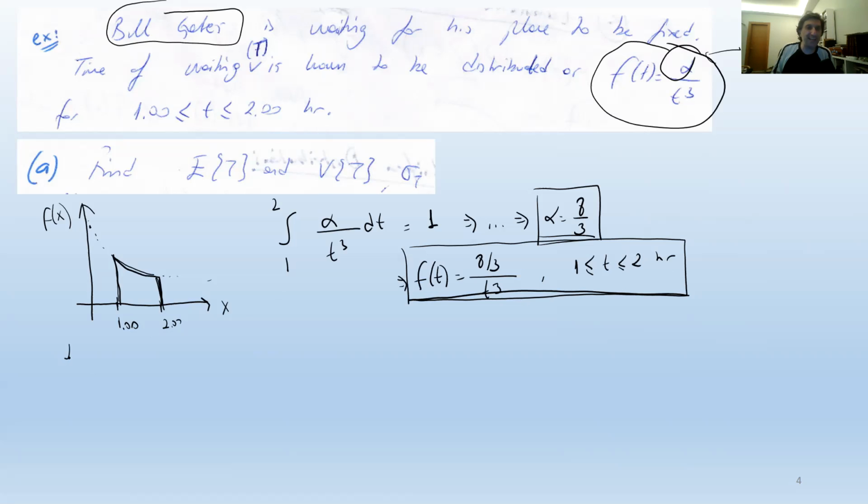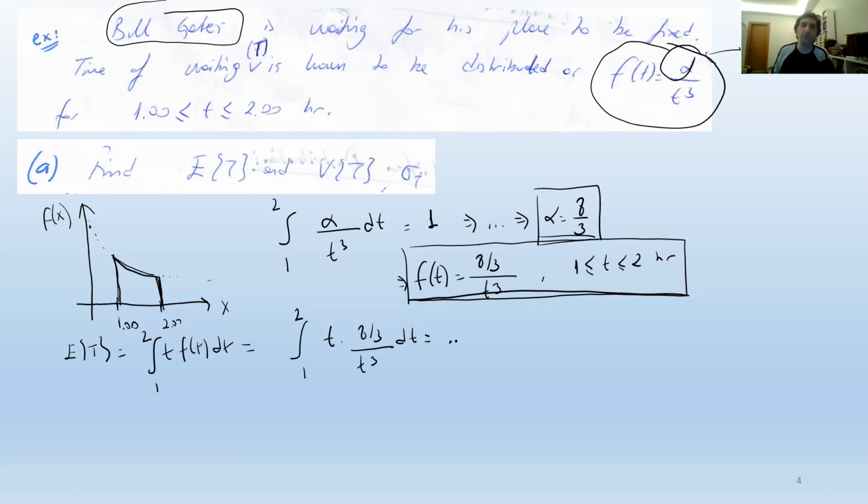All right, we should continue with the expected value of t. The expected value of t is simply going to be the integral of t times f(t) dt over the domain, which is from 1 to 2. So this is going to be equal to the integral of t times 8 over 3 t to the power 3 dt from 1 to 2.